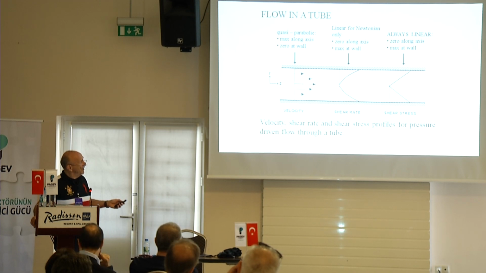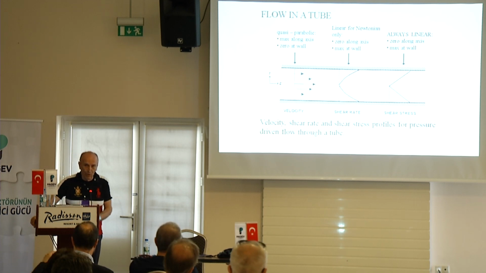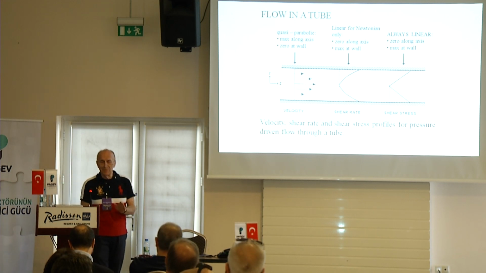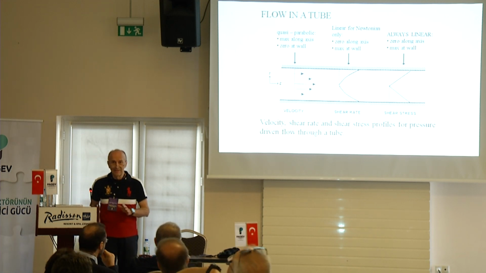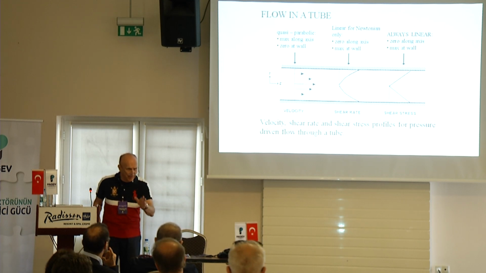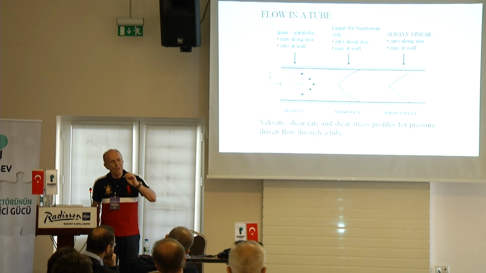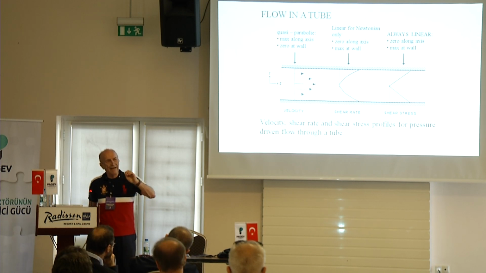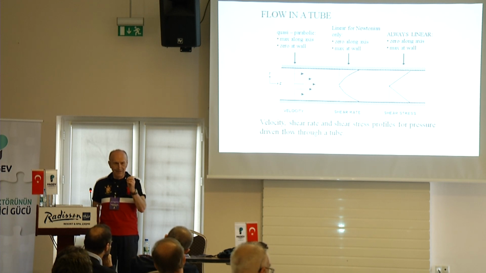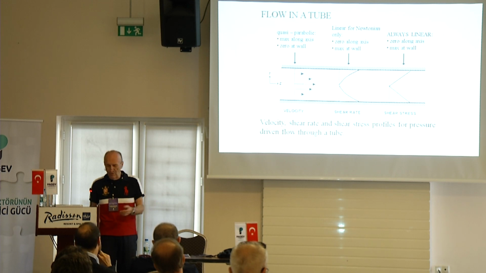And the shear rate varies again from 0 to a maximum value at the wall. So when I say shear rate at the die lips of a die, I guess die is kalıp in Turkish, right? Kalıp. We talk about the value at the wall, right? Because right at the center, the shear rate is 0, maximum value at the wall.